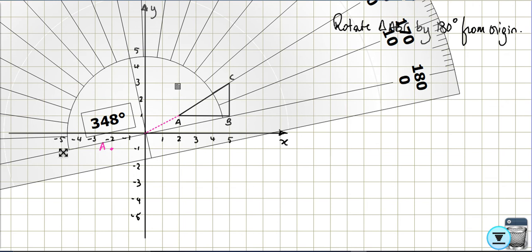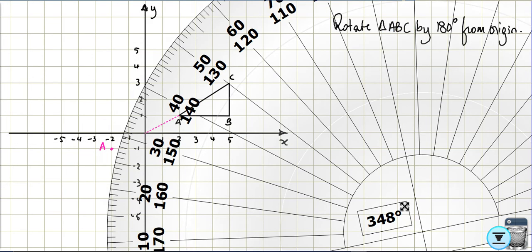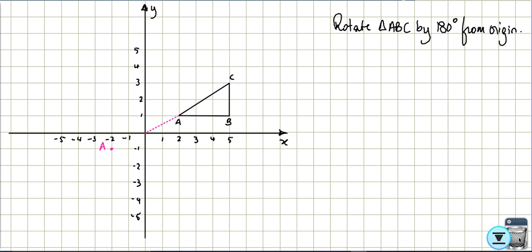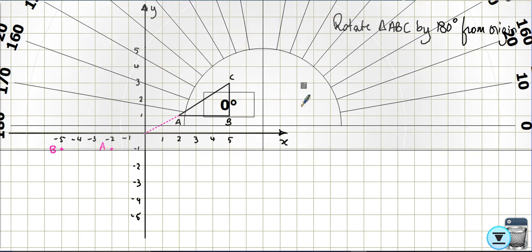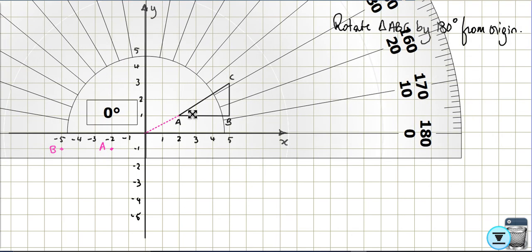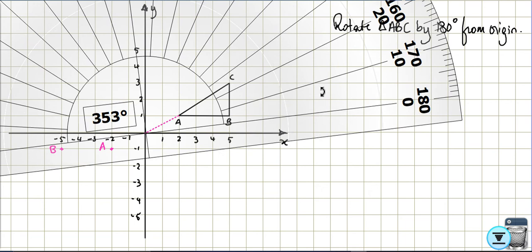So, rotating B by 180 degrees, we will arrive here. So B, which was 5, 1, will be minus 5, minus 1. That's B. I'm going to do the same thing with C. I'll move this here. Okay, rotate until 0 lies on C.